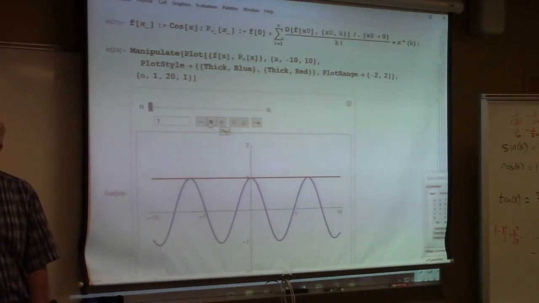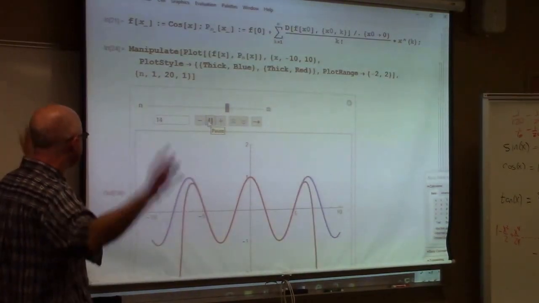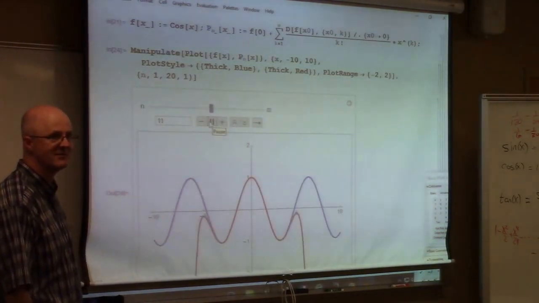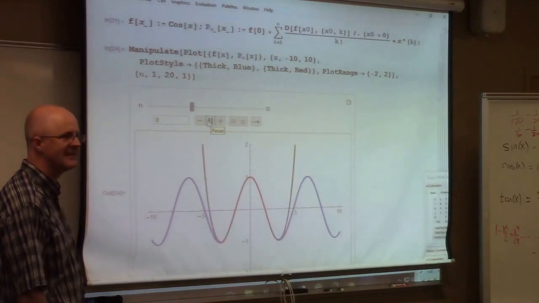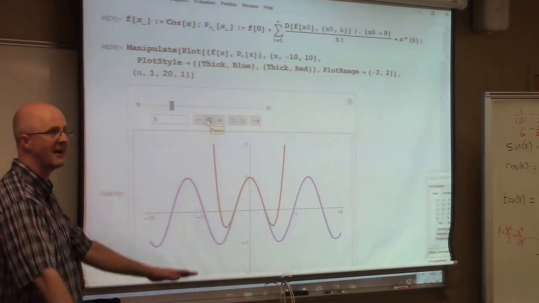Here we go, ready? 1, 2, 3. Bird flapping its wings. Better and better approximations to the cosine function with finite Taylor polynomials. It helps you believe that the infinite Taylor series does equal the cosine function over the entire real line.